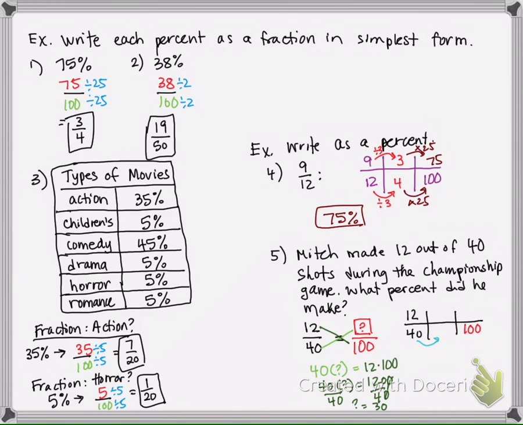So I'm going to scale back by dividing by 4. It's going to give me 3 on the top, and it's going to give me 10 on the bottom. And then I'm going to have to scale up by multiplying by 10. And I get 30. So both ways, I get 30, and then have to add the percent symbol. So I'm going to say Mitch made 30% of his shots.